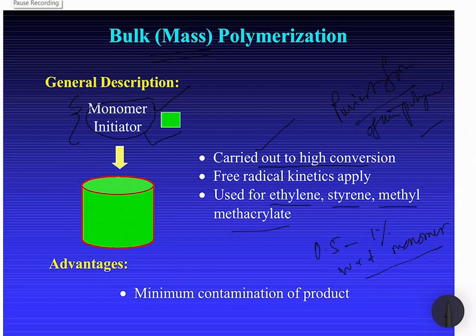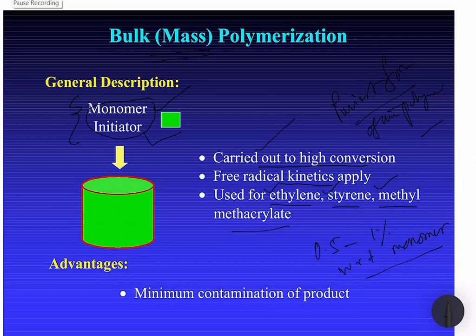And it is mostly applicable for free radical kinetics that was already mentioned. And we have many common monomers which are polymerized using this bulk polymerization technique, like ethylene, styrene, methyl methacrylate, that is for the formation of polyethylene, polystyrene, polymethyl methacrylate. Mostly the homopolymers are made using a bulk polymerization technique.